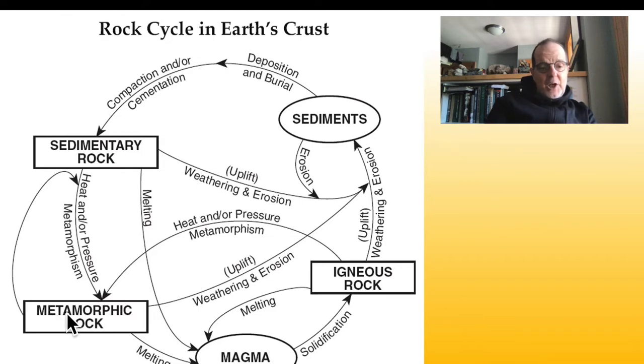Meta meaning change, morphic meaning shape. Sedimentary rock, changing from sediments that were loosely glued together to crystalline rock that has formed from heat and pressure. And finally, a metamorphic rock that already exists could be remetamorphosed and turned into yet a different metamorphic rock. So all around the cycle we go, starting though with magma.